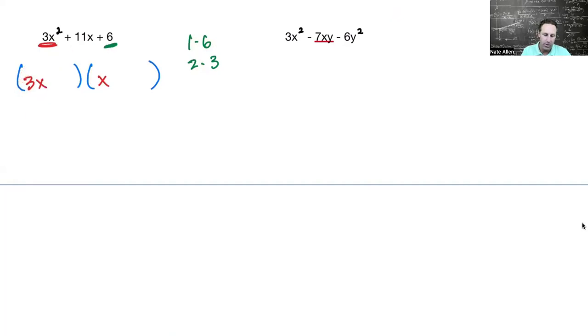Now remember, we should have checked first if there was a GCF, and there's almost a GCF, but because of that 11, there's no number that we can pull out or factor out of this, and because there's no other letter of x, we can't do that there either. So we know that there should not be a GCF within the problem itself if there's not at the beginning.